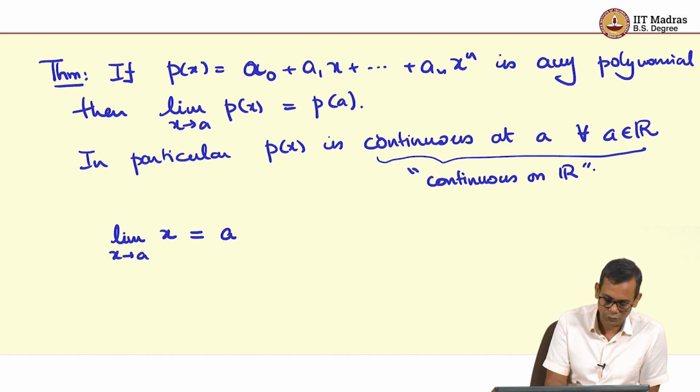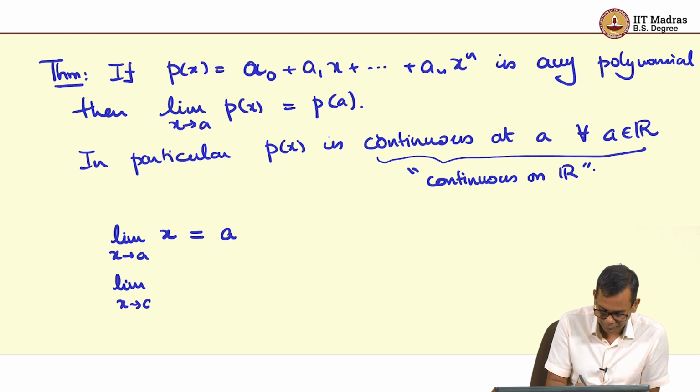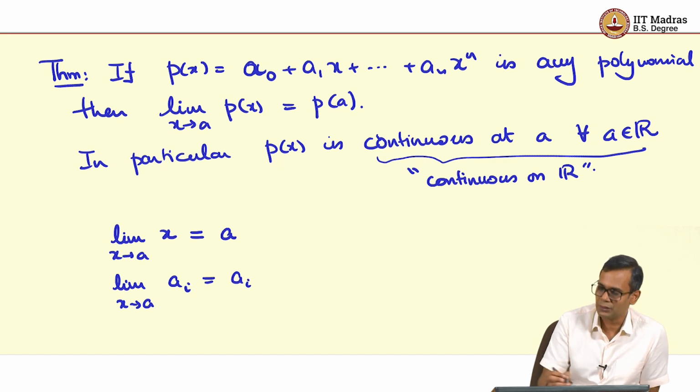Given any epsilon, you just take delta to be equal to epsilon, and you will see that the limit as x approaches A of x is equal to A. And it is also true that if you take a constant function of ai, this is equal to ai, where ai is one of the coefficients of the polynomial. And now, by multiplying and adding together these basic pieces, you can construct the polynomial p of x.